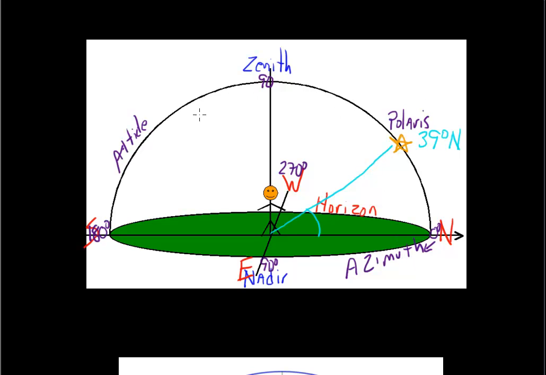Okay, any location on the celestial sphere, or in this case the sky dome, and this is actually called the sky dome, which I'm going to write a little bigger. The sky dome is a location above your horizon. We can use altitude and azimuth to figure out the location of celestial objects. A celestial object is anything that's on there.